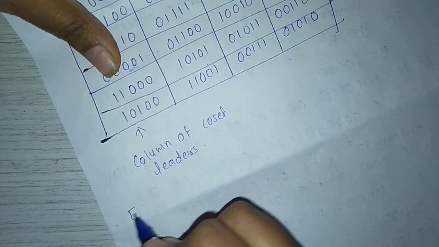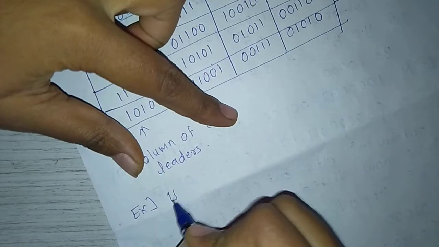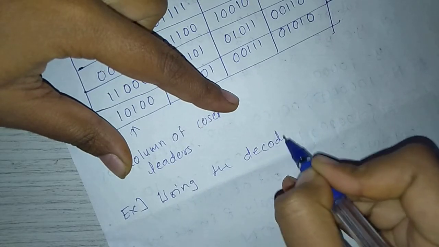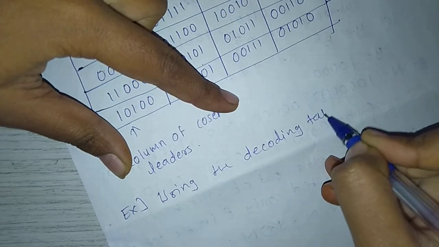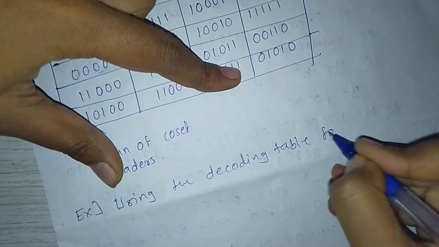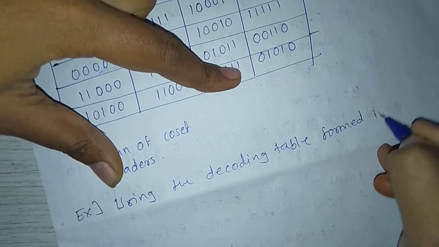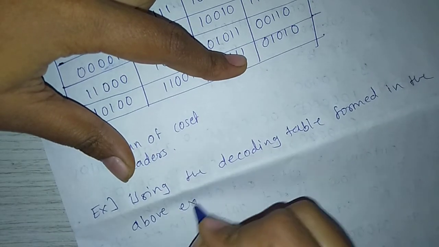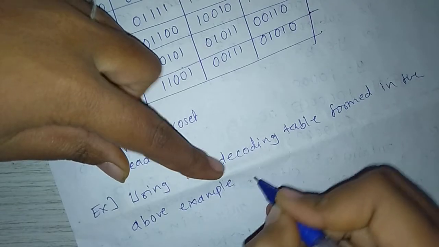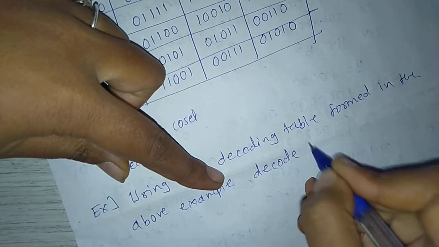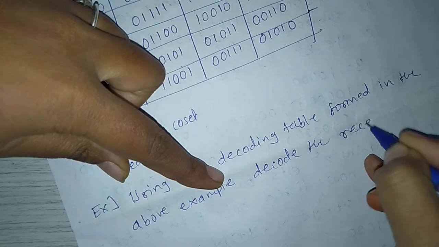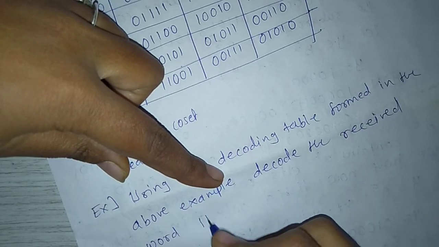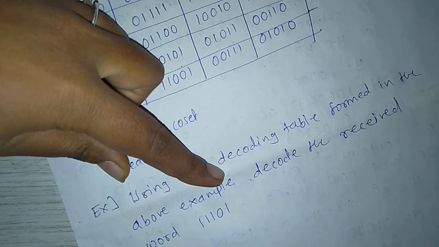Next example. Using the decoding table in the above example, meaning the previous example, decode the received word 11101.